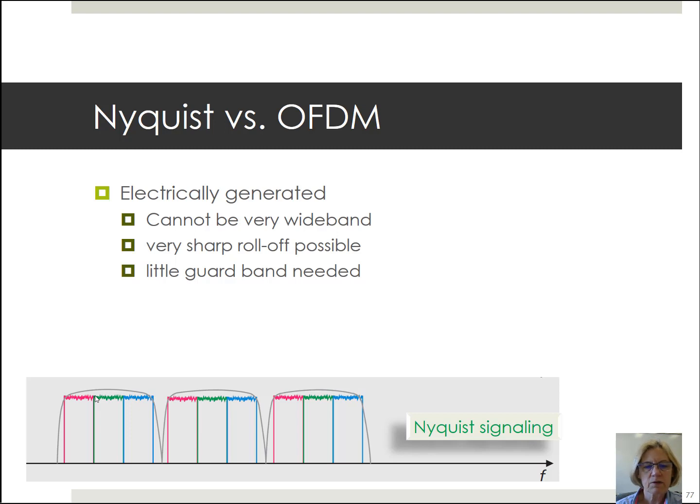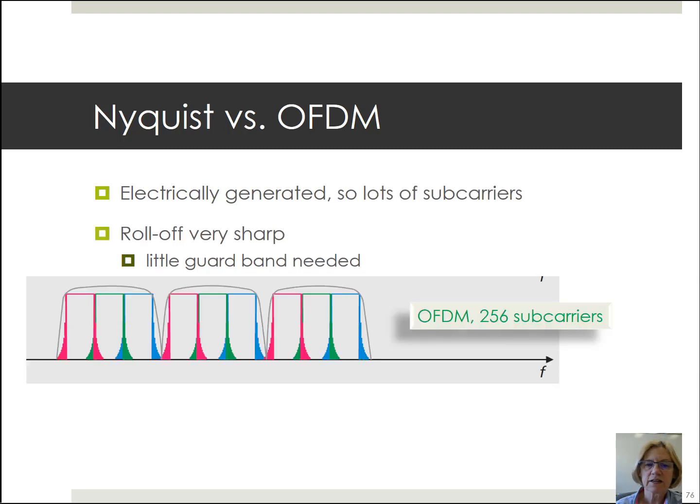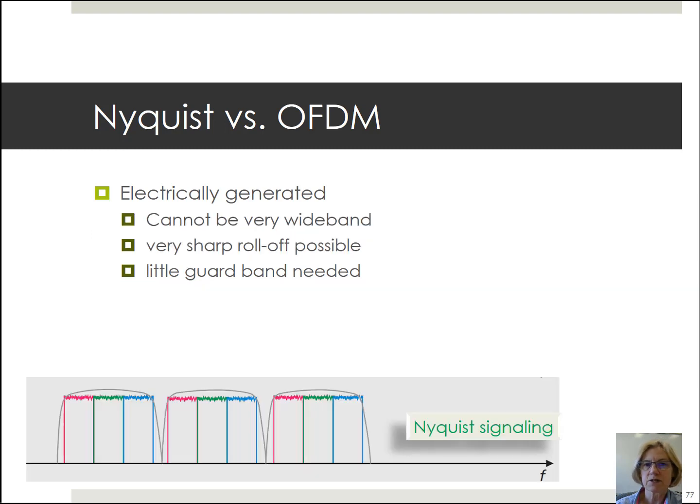But very sharp roll-off is possible, and again, very little guard band is used. So in this respect, I would say that OFDM and Nyquist have really the same capability. It's just different ways that we exploit it, different techniques for generation, which DSP is used in each case.